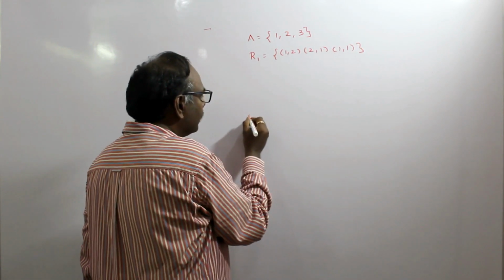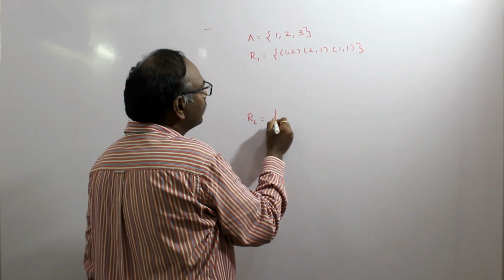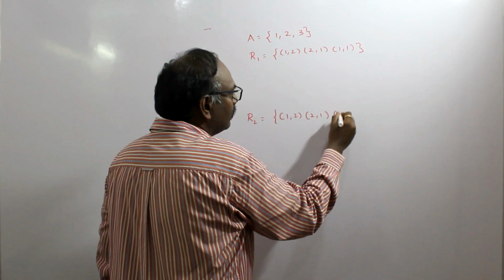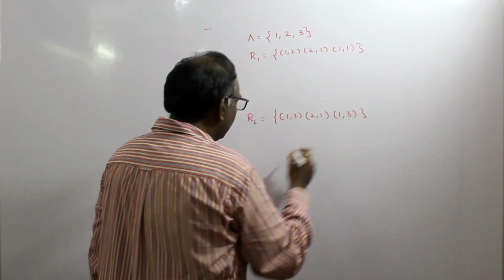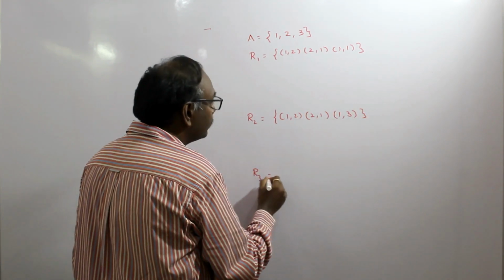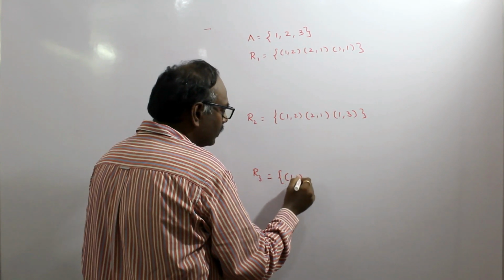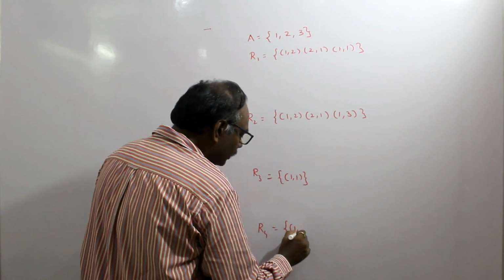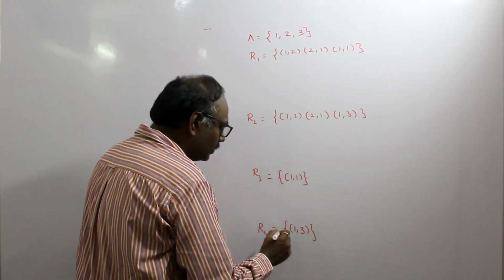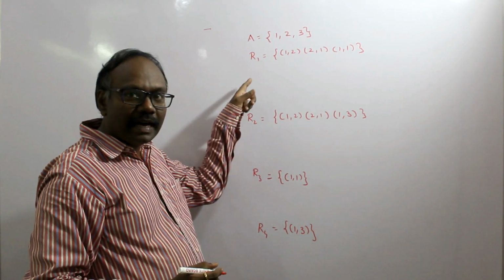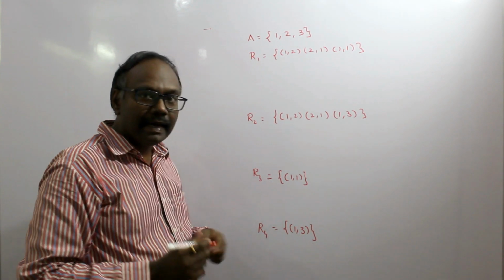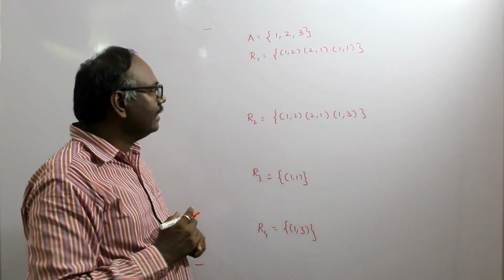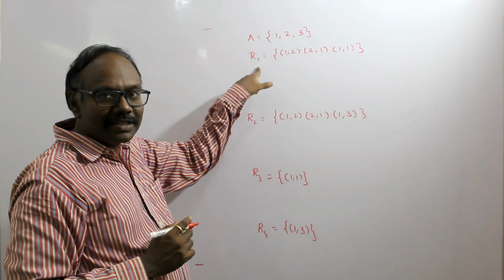R2 contains 1, 2, 2, 1, 1, 3. R3 contains 1, 1 and R4 contains 1, 3. So I have considered 4 relations R1, R2, R3 and R4 which are all subsets of the Cartesian product A cross A.